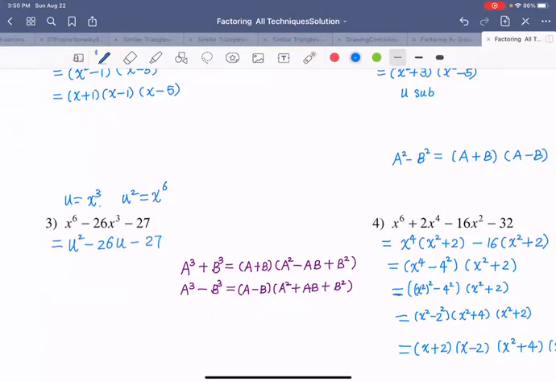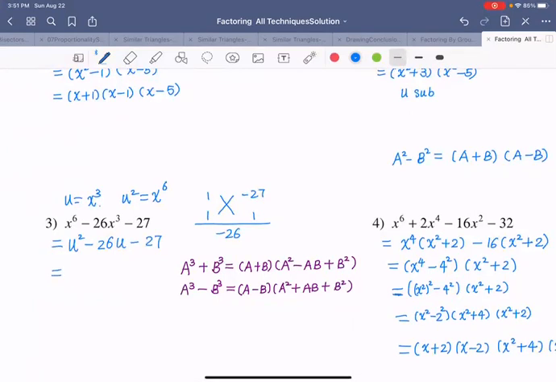Now let's do the cross multiplications. 1, 1, and then negative 27 and 1. There you go. The cross multiplication summation equals negative 26. So this equals what?